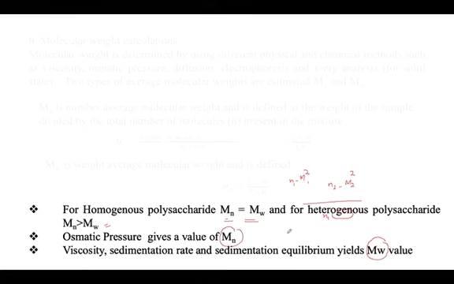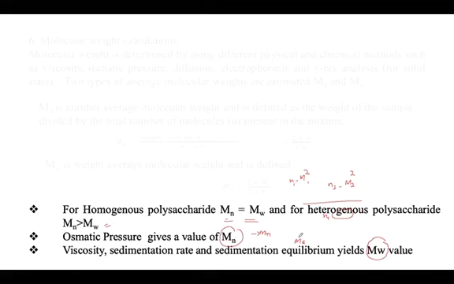So we can use the osmotic pressure technique to calculate Mn, then use viscosity or sedimentation or other methods to calculate Mw. If we find that Mn and Mw are the same, we say the molecule is a homogeneous polysaccharide, and if these are different, then it is a heterogeneous polysaccharide.